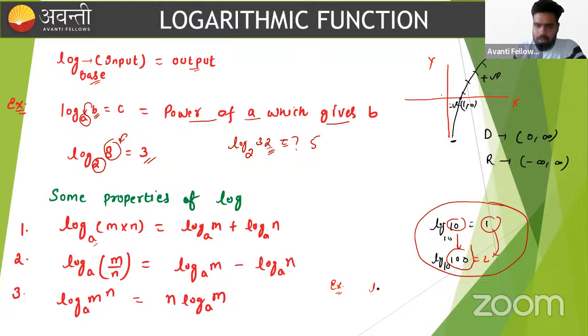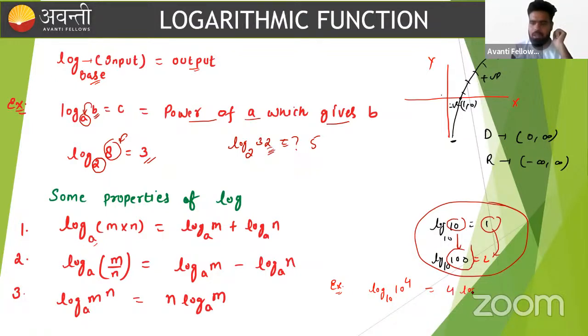Suppose log base 10 of a number is given, say 10 raised to power 4, that is 10,000. What is the answer of this particular problem? Whenever such a situation comes, where a power is present in the input, what we have to do is apply property number 3. According to the third property, we transfer the power in front of the logarithmic function.